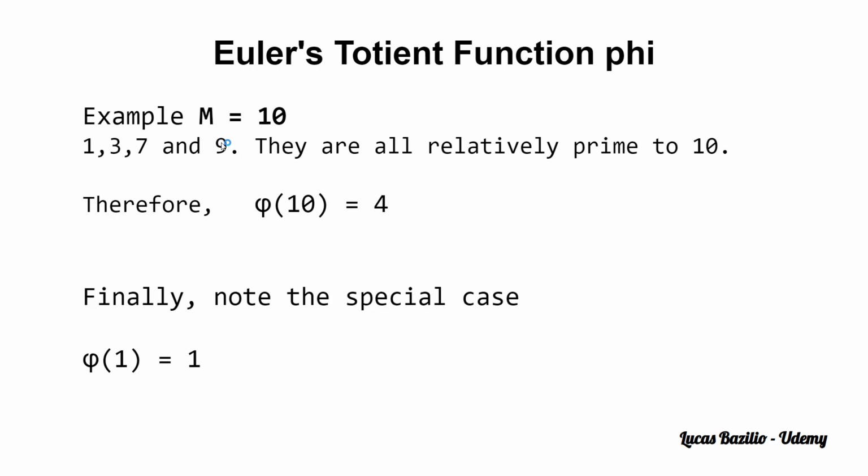The rest of them, for instance 2, 4, 6, 5, and 8, are not coprime with 10. Since these numbers are relatively prime, which is the same as coprime, with 10, we count how many we have. We have a total of 4 elements. So the value of the totient function when m is 10 is 4. The value of phi is 4.